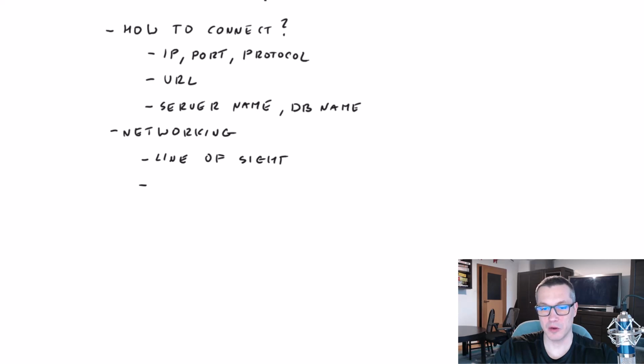So it means that you might need to contact the networking team or database administrators, or the guys that maintain the security in your company, and ask them to whitelist some address or some IP on the firewall. So: whitelist the firewall.